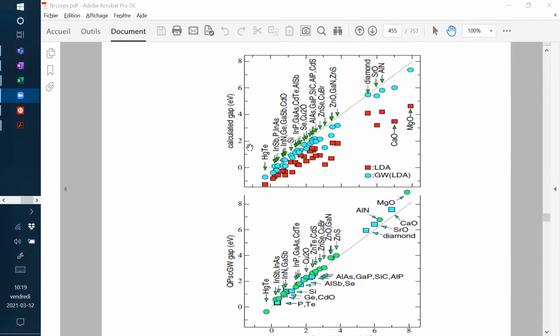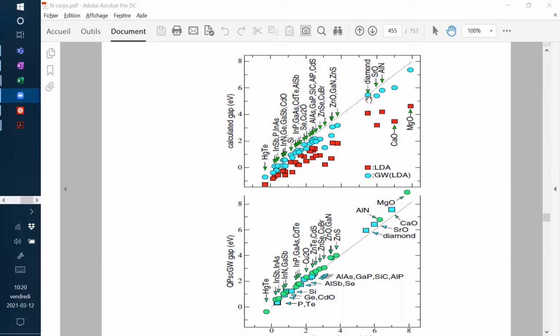I don't know why there are negative gaps here, but if you look at the local density approximation, you see that it can be pretty bad. For example, here for MgO, it predicts 4 electron volts, and the experimental result is the dashed line here, and every semiconductor is shown.